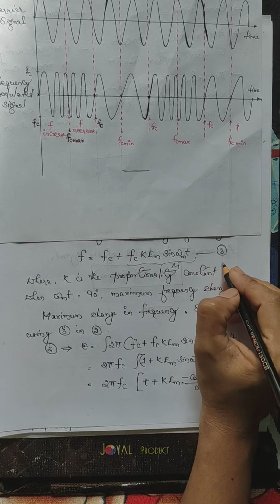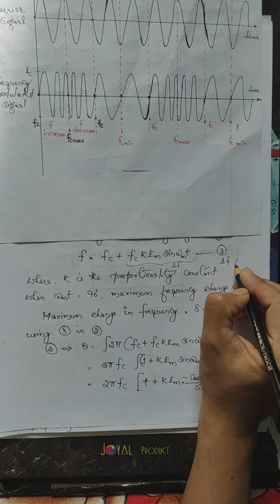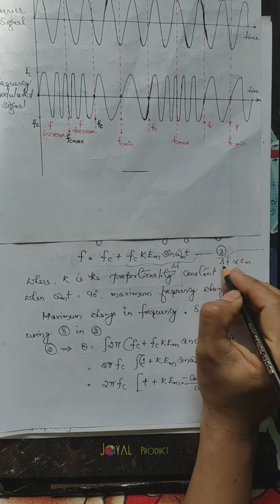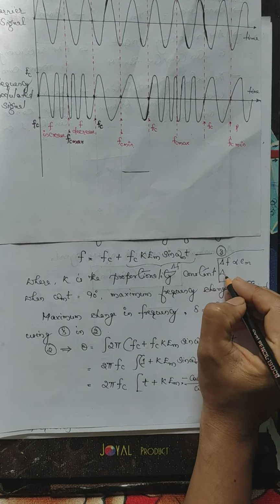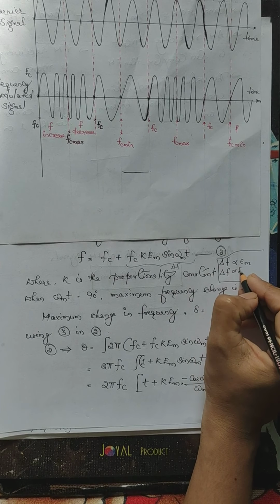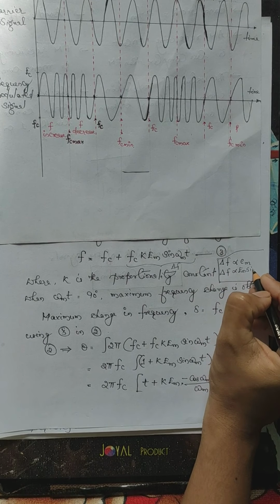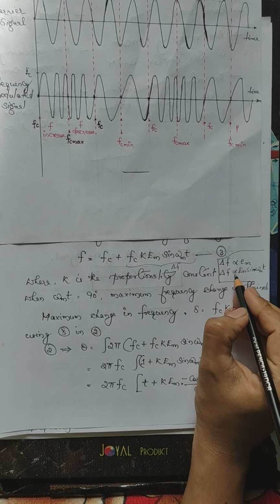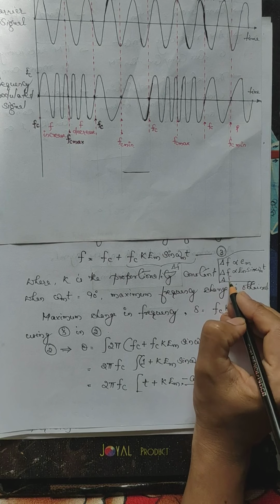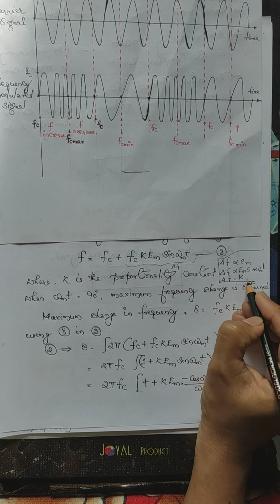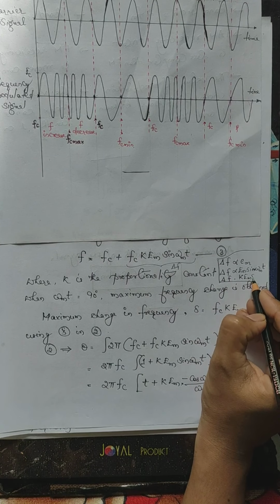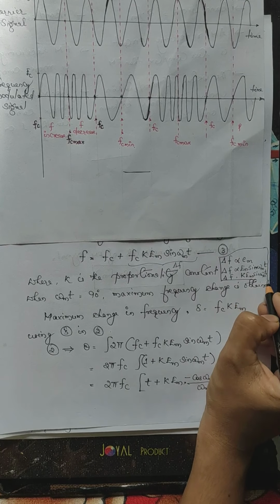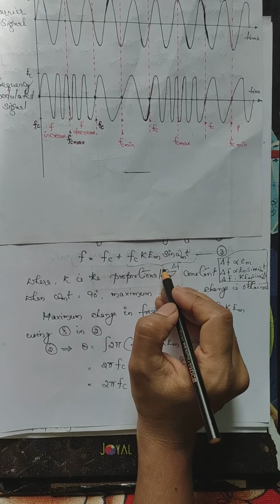That is, the change in frequency delta f is proportional to the instantaneous amplitude of the modulating signal, Em sin omega mt. This proportionality can be removed by a constant k, so k Em sin omega mt is the change in frequency.